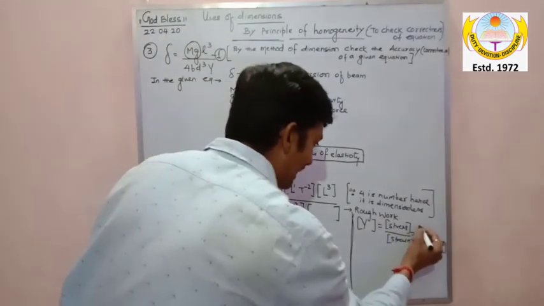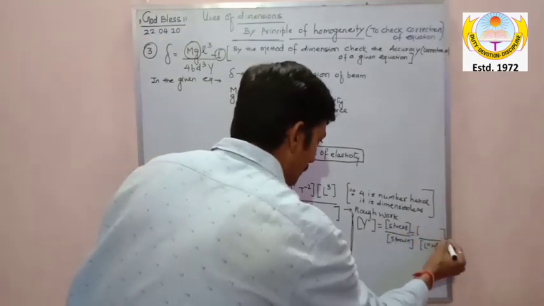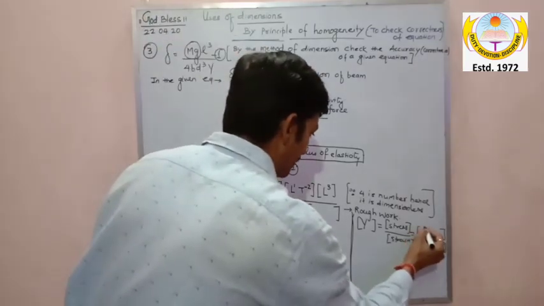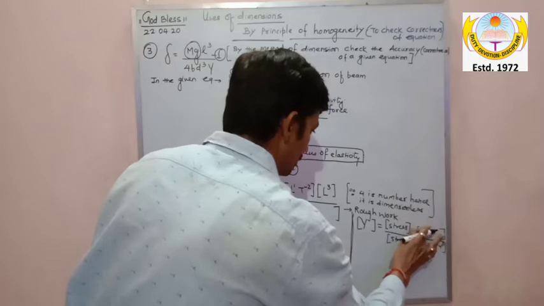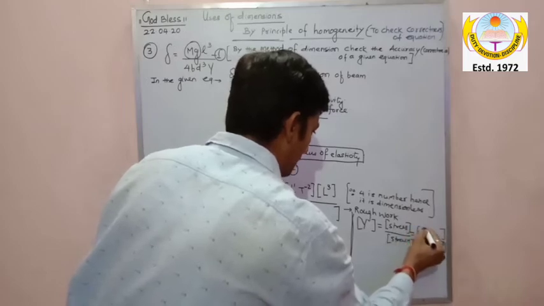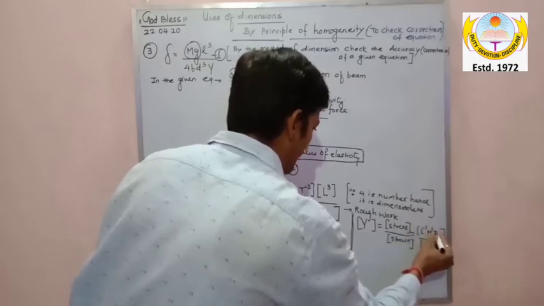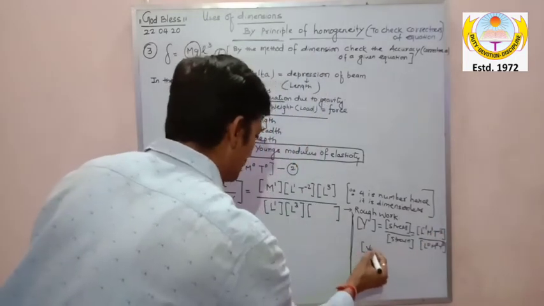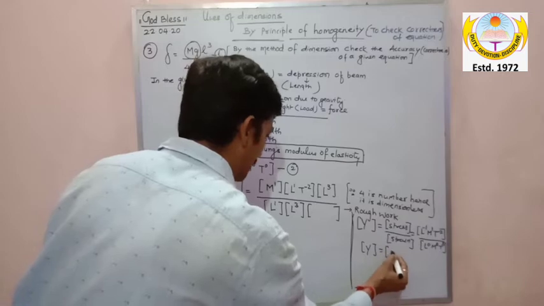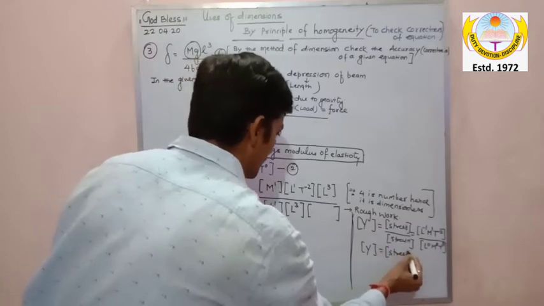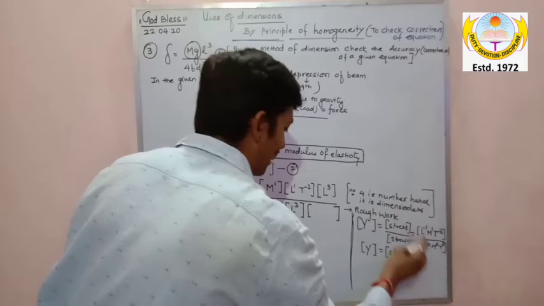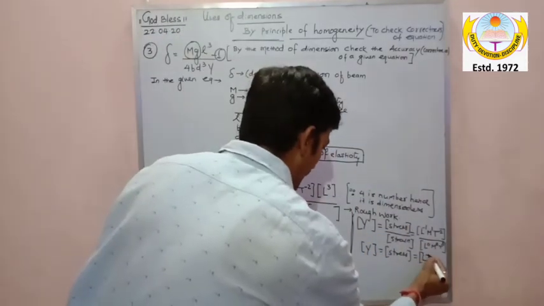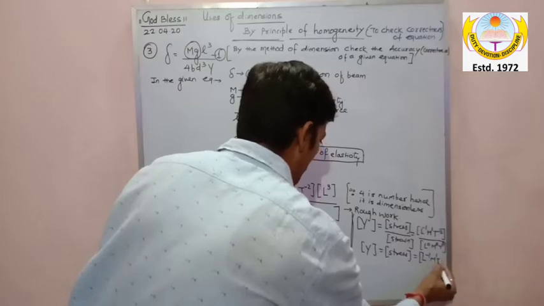Stress has the dimension of pressure, that is force upon area. So I will directly write the answer: L minus 1, M1, T minus 2. So the dimension of Young's modulus is the same as the dimension of stress, which is force upon area, that is L minus 1, M1, T minus 2.